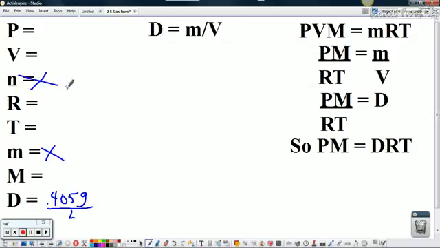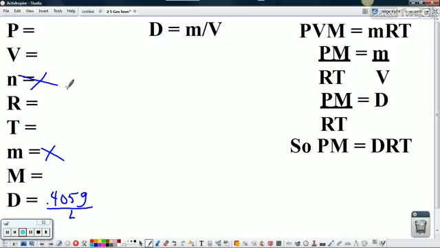The formula that has D does not have a little m or a little n, so we want to take those out. It says the word density, so I need to use the formula that has density in it.